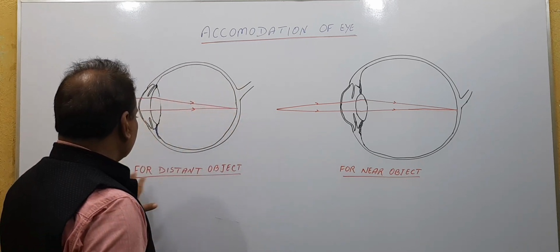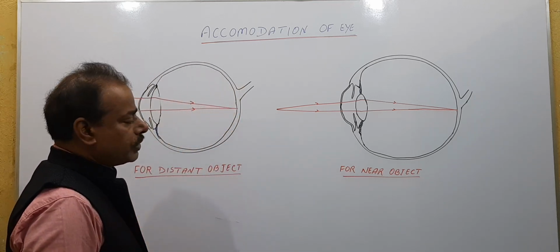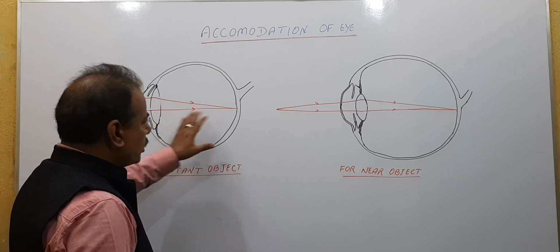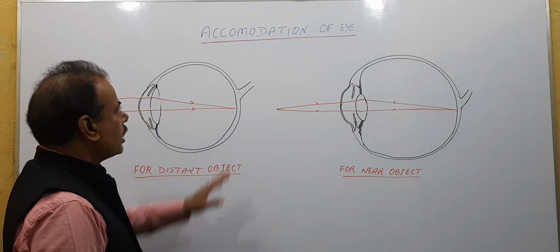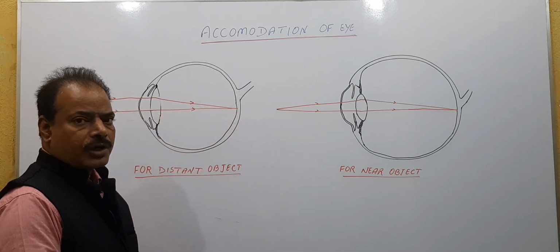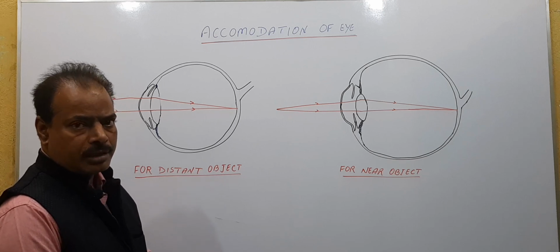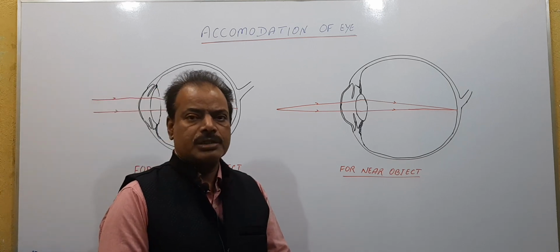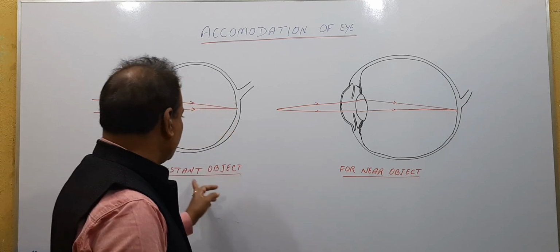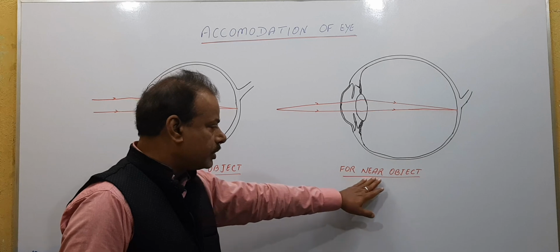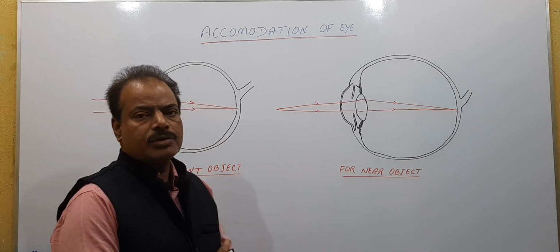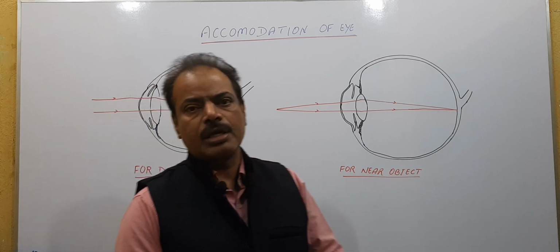In this way, to see distant or near objects clearly, some changes take place, and it is known as accommodation of the eye. So focusing of our eye to see objects clearly at different distances, such as a distant object or a near object, and this adjustment is known as accommodation of the eye.